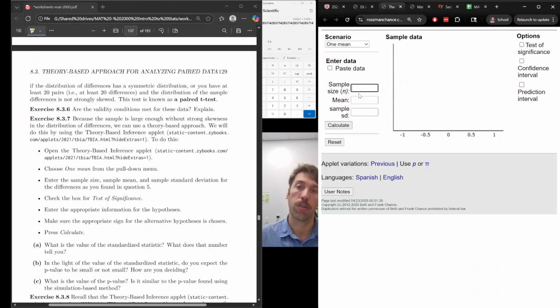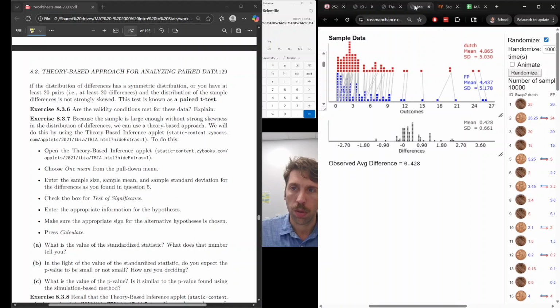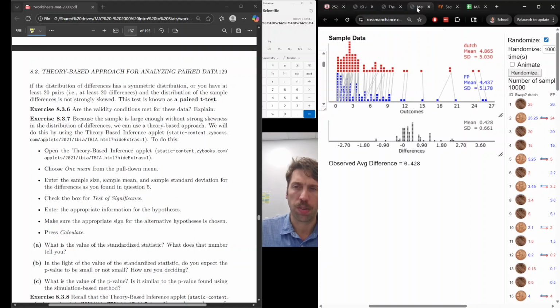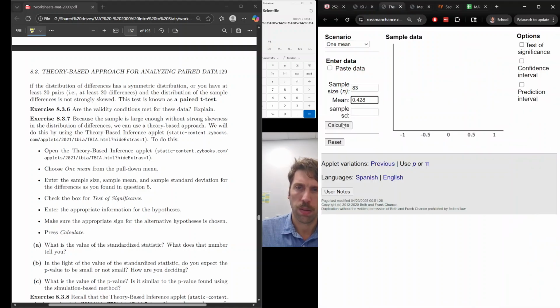First my sample size is 83, different from yours. Then the mean, 0.428, and standard deviation 0.661 for me. Calculate.